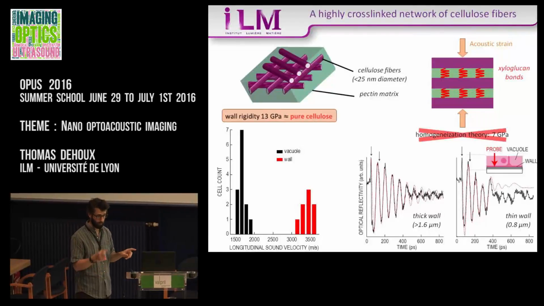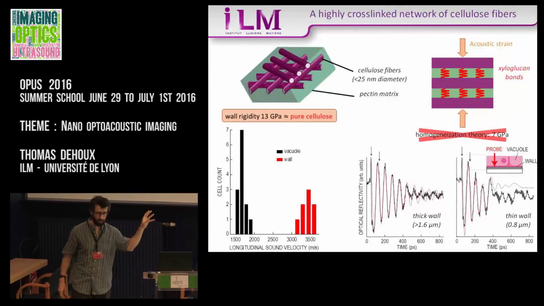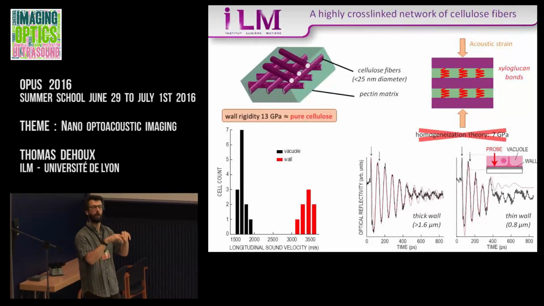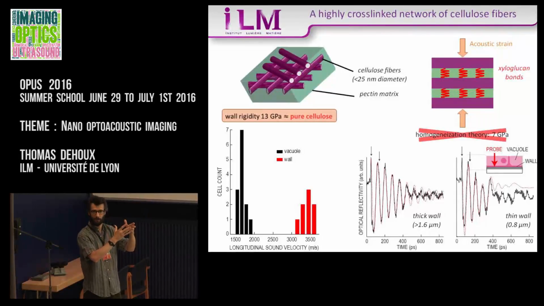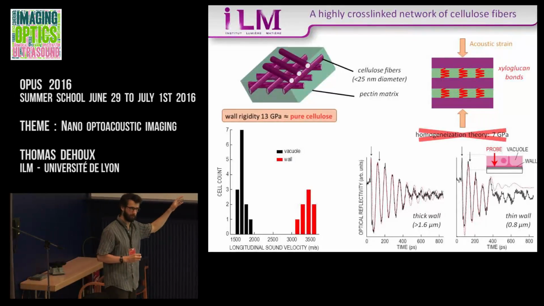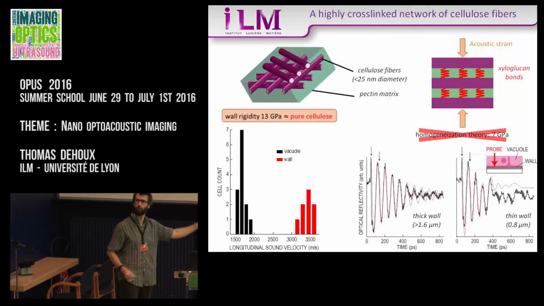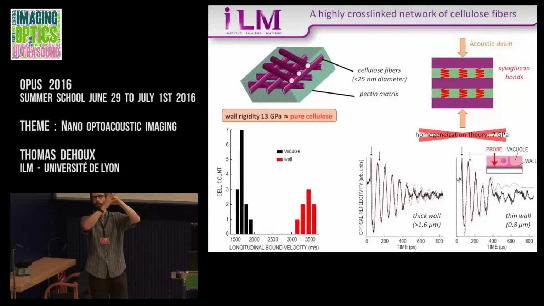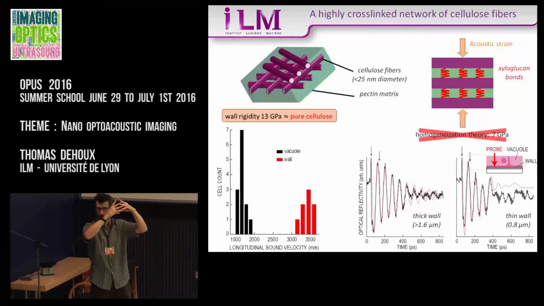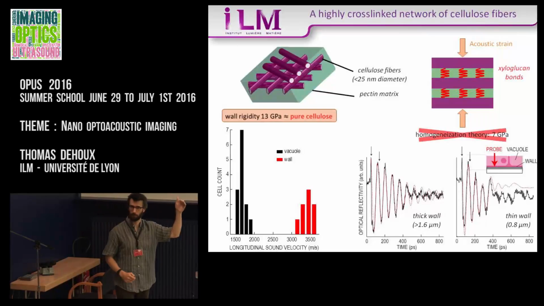So this goes to show that such measurement can give information about the structure of the fibrous network that is inside the cell. So if we're able to apply this to the nucleus of an animal cell, for instance, we're able to sense the conformation of this fibrous network inside the nucleus. And when there is a change due to the change of gene activity, we can follow this just by measuring the sound velocity inside the nucleus.